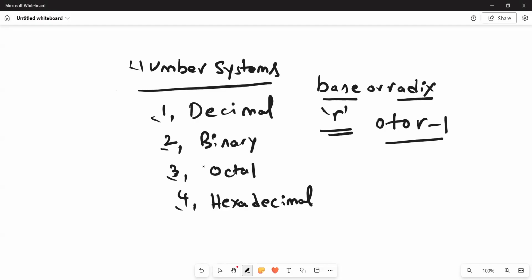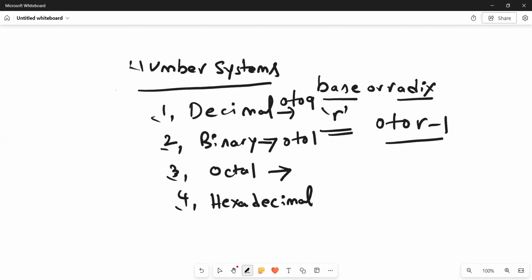So in the decimal number system, the symbols will be 0 to 9. Why? Because the radix of the decimal number system is 10. In the binary number system, the radix is 2, so we can represent two different symbols. The symbols in the binary number system are either 0 or 1.